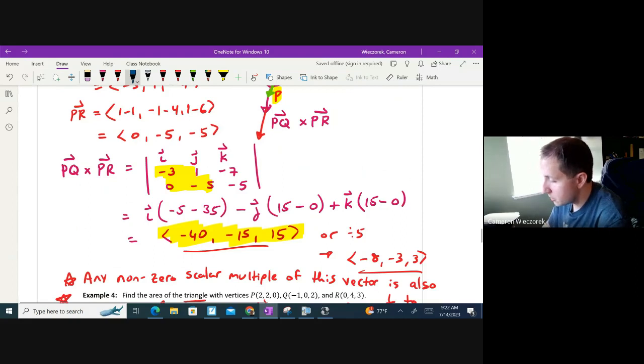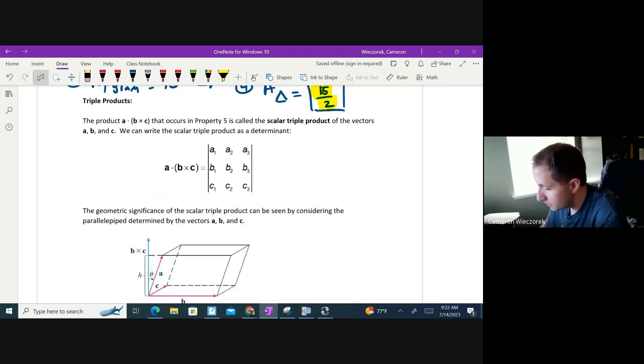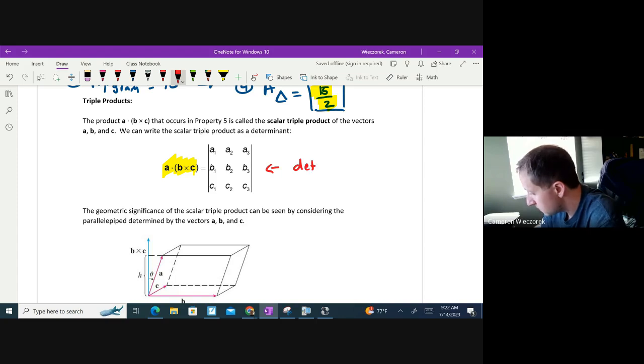A dotted with B cross C is actually the determinant of the matrix where you put all of the entries of A along the top row, all of the entries of B along the middle row, and all of the entries of C along the bottom row. So the easiest way of remembering this scalar triple product is it's a determinant of the 3 vectors' components that make it up.